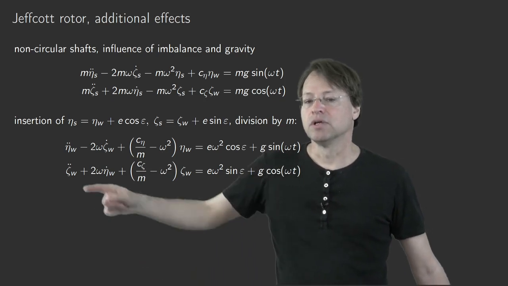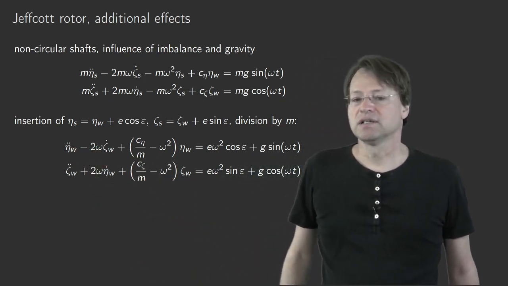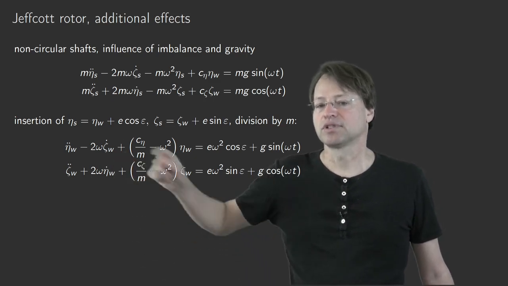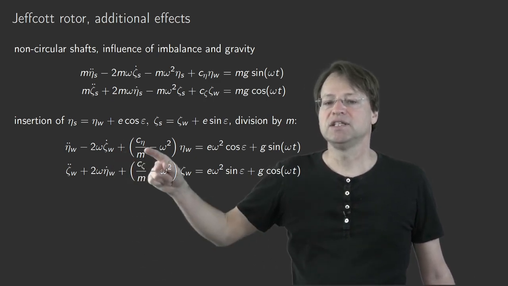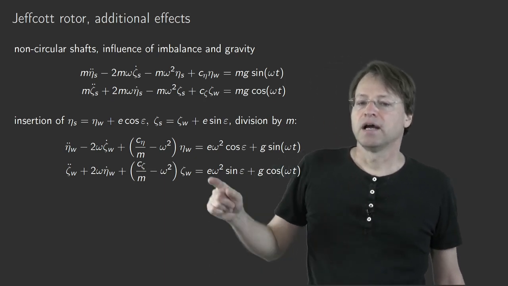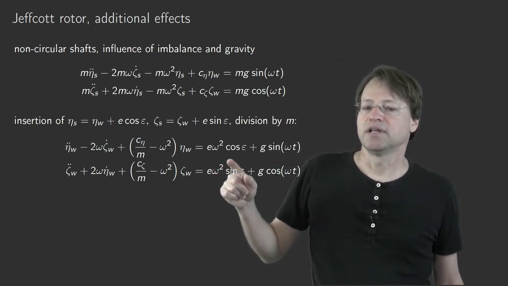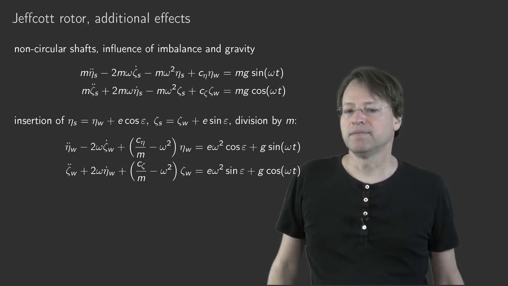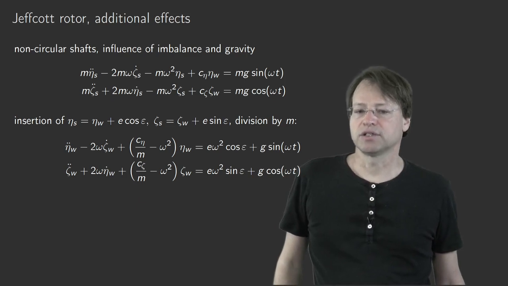So we have the second derivative of eta, minus 2 times omega zeta sub w in first derivative, plus c eta divided by m minus omega squared eta sub w. And this is equal to e omega squared cosine epsilon plus g sine omega t. And for the second equation, it's nearly the same.